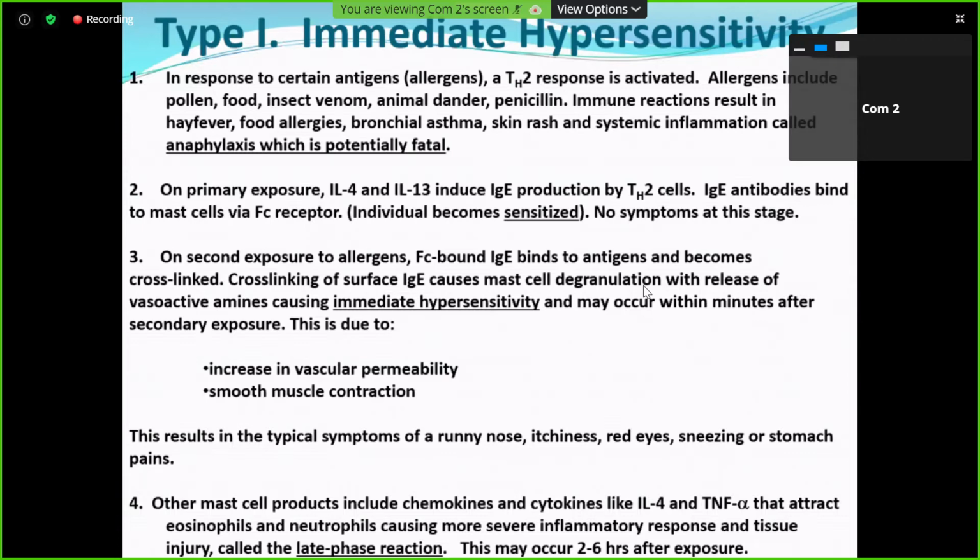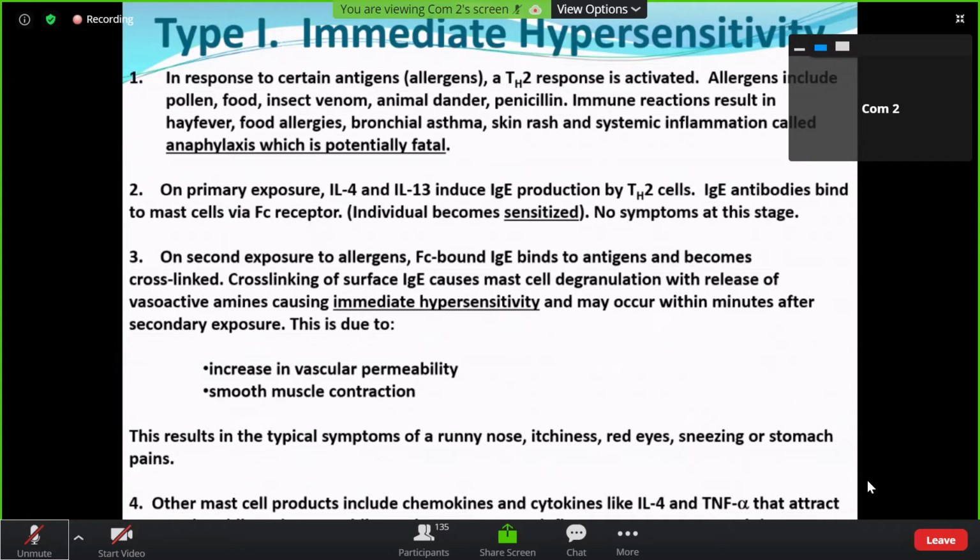With subsequent exposure, the IgE binds to what we call the allergen, which is the antigen inducing the allergic response. So IgE binds to the pollen grain, and then predominantly mast cells and basophils, which have the Fc receptor for IgE, then attach to these bound antibodies.